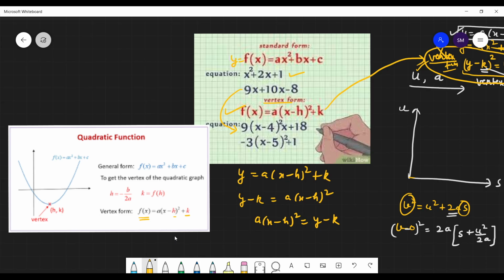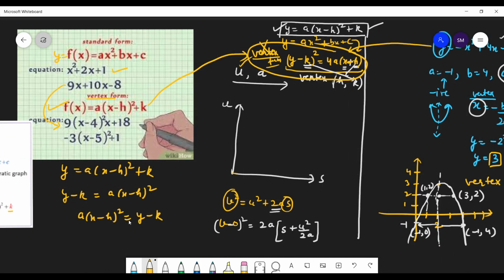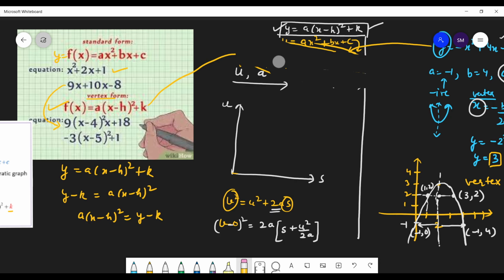Okay, students. Now let us go back to our question that we were doing. We were supposed to draw the graph of this equation.